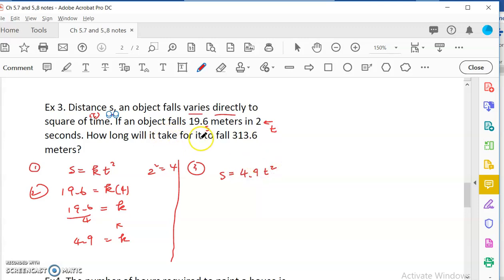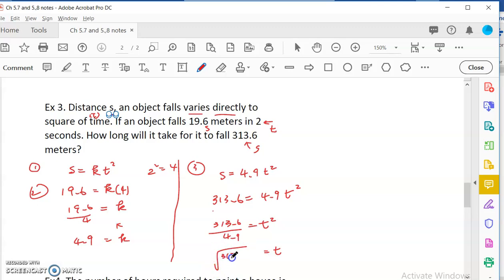So how long would it take for it to fall 313.6 meters? So this is not time, it is meters, so it is s. So if it is 313.6, what would the time be? Right, so what was t? So you divide, you would say t squared is 313.6 divided by 4.9, and then you square root it.